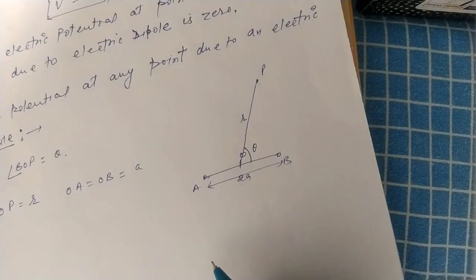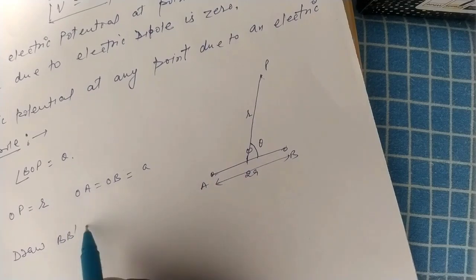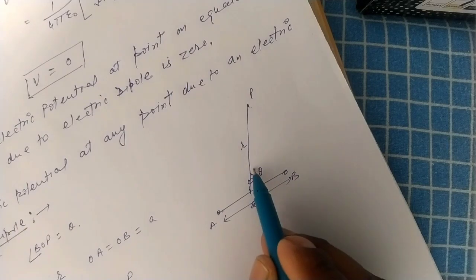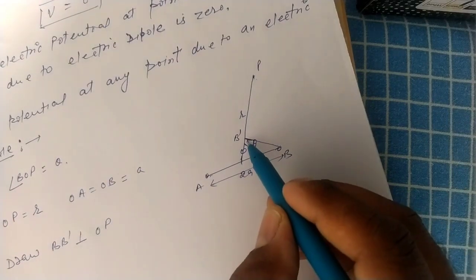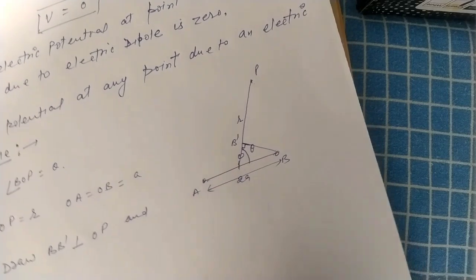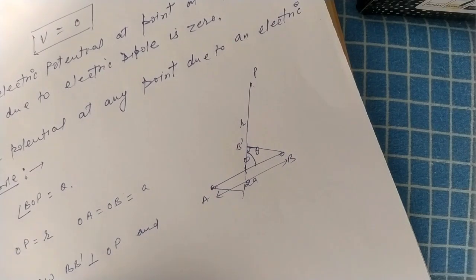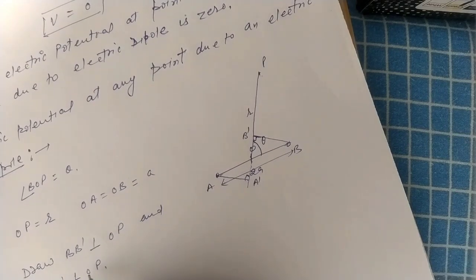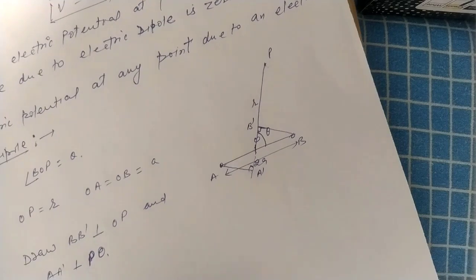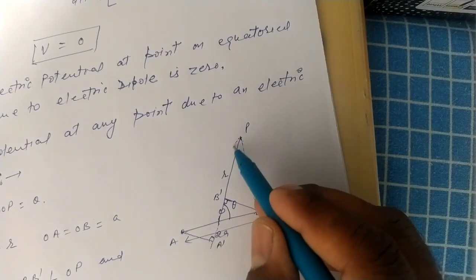Now draw BB dash perpendicular on OP, and AA dash is also perpendicular on OP. We can also draw the lines BP and AP.